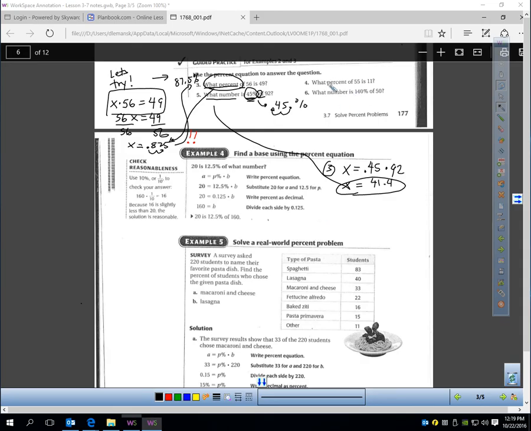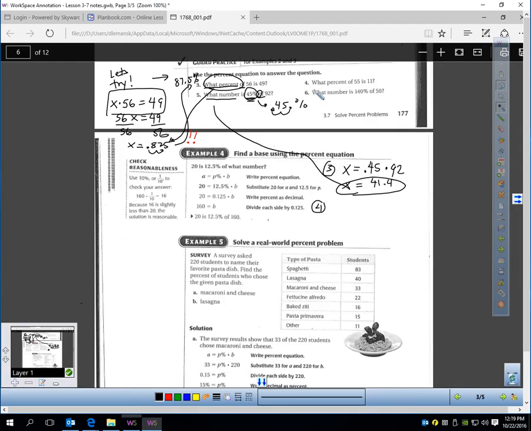Okay? Let's do one more. Let's do number 4 up here. What percent? Well, heck, I don't know. I'll call it X. Of means times 55. Is means equals 11. Well, heck, I got 55x equals 11. That's pretty easy. Divide by 55.